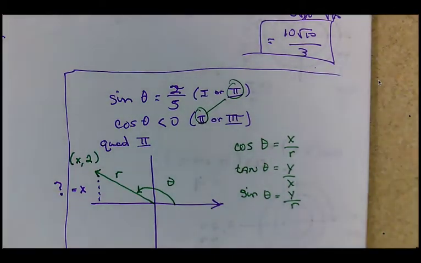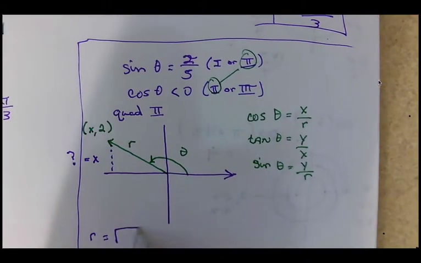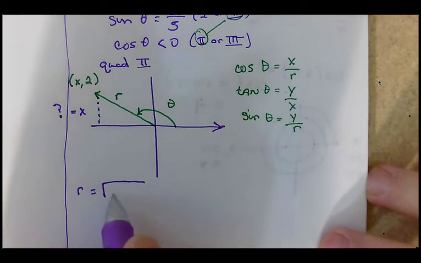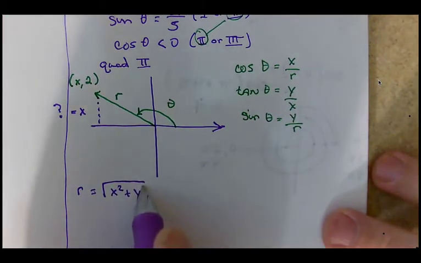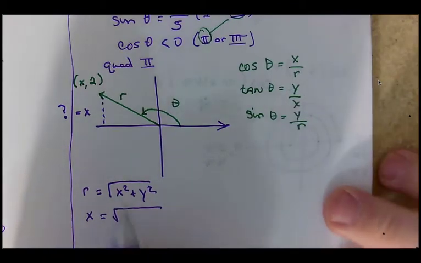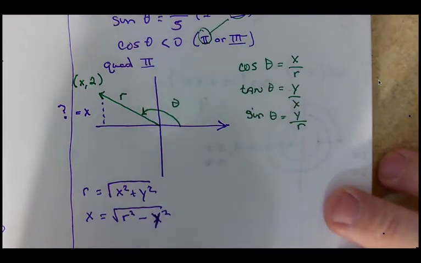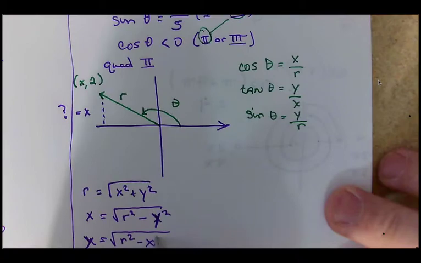We need to figure this out, and we can use the Pythagorean theorem. It states that r is equal to the square root of x squared plus y squared, or x is equal to the square root of r squared minus y squared, or y is equal to the square root of r squared minus x squared.